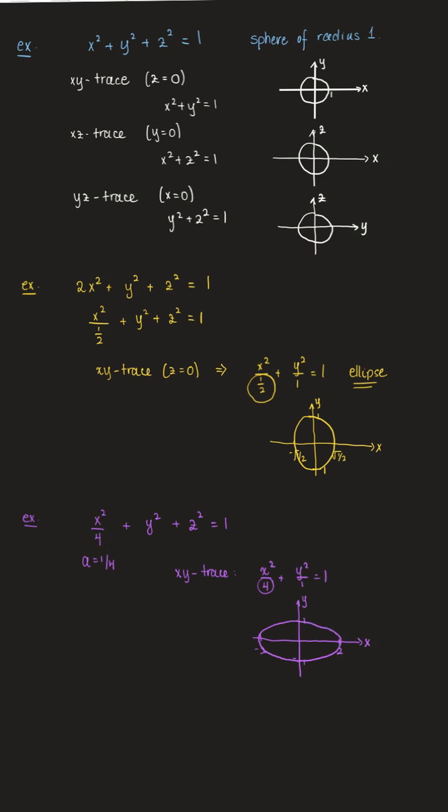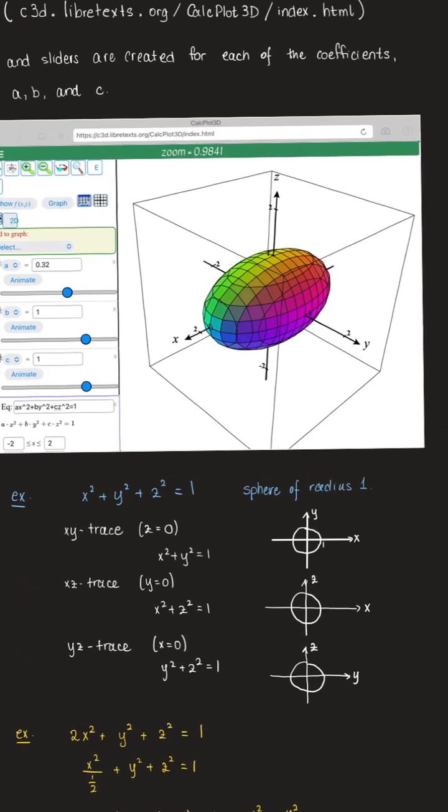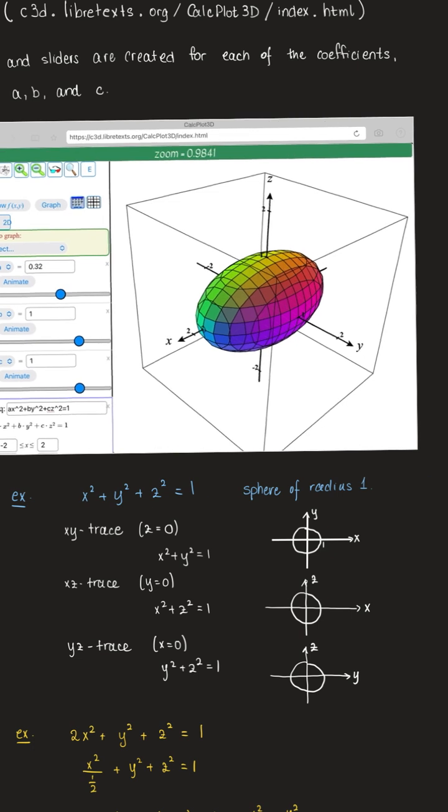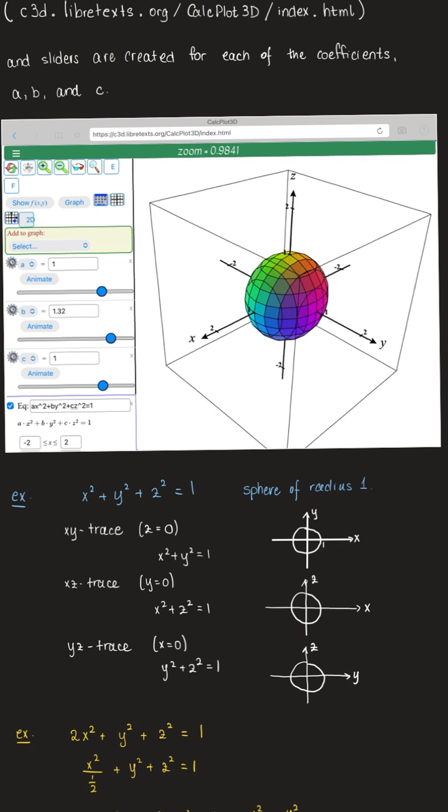So I would encourage you to play around a little bit with the values of B and C. I'll do it here, but won't consider the traces independently. If I take A and leave it at 1, and let B get larger, you can see that this is getting narrower along the y-axis, but when B gets smaller but still positive, it gets elongated along the y-axis for the same reasons that we discussed in the other examples.